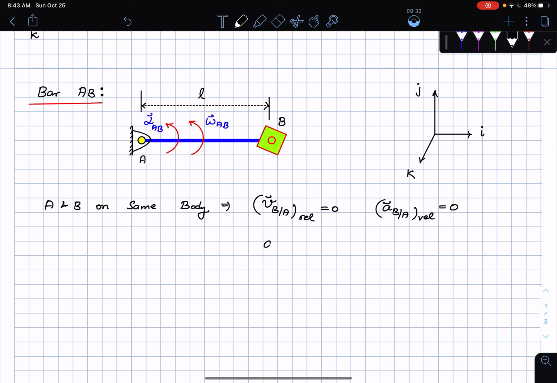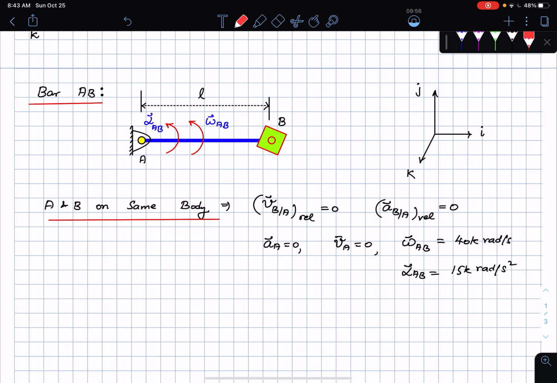Then the acceleration of A is gone, the velocity of A is gone, and omega AB is known to us. That's 40k, and alpha AB is given to us as 15k radians per second squared.